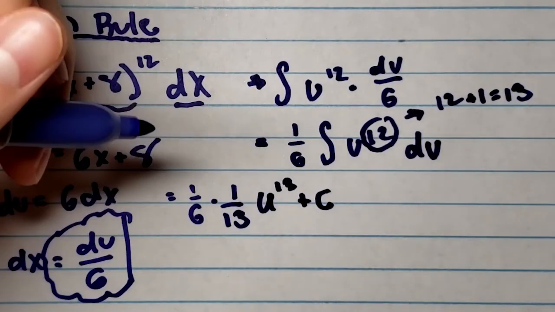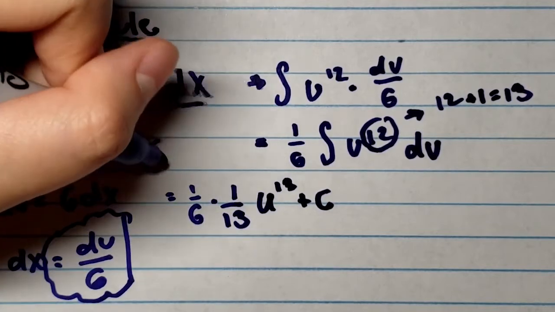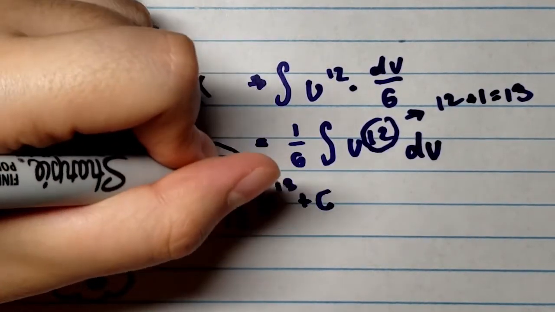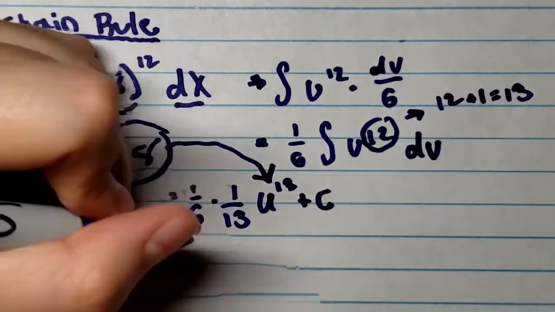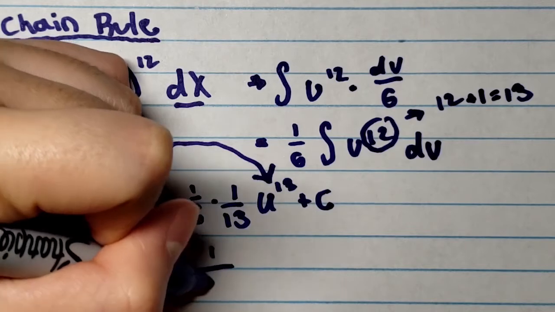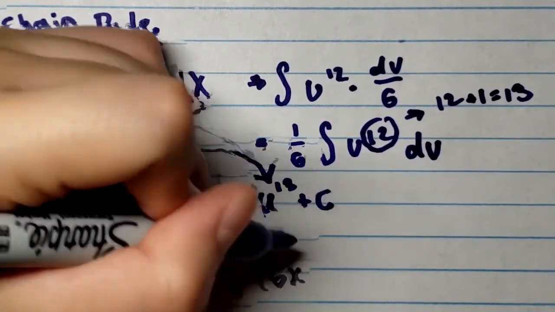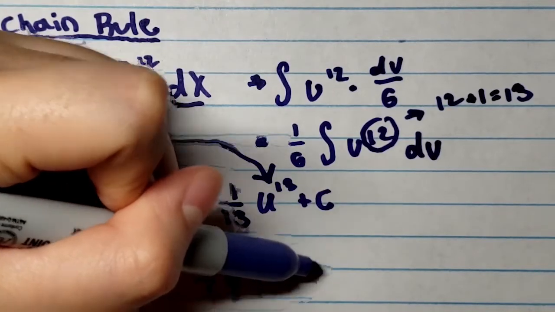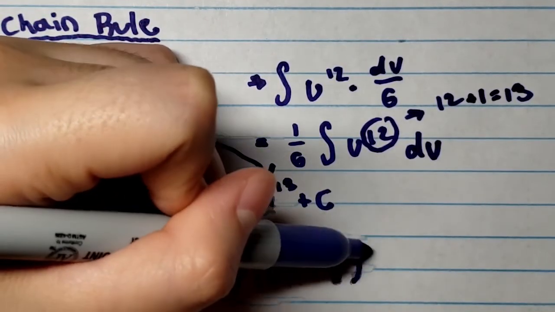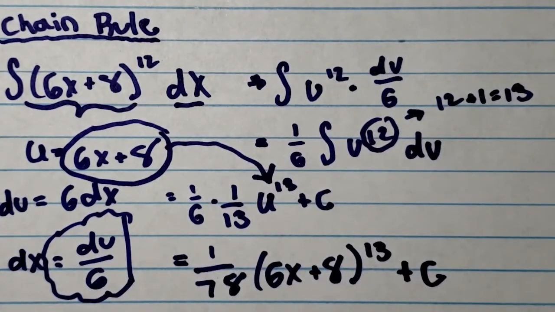At this point, the final step is to just plug in u, and then you would have your solution. So over here, that's u, and then I'm going to plug it in and simplify it. And that is your solution.